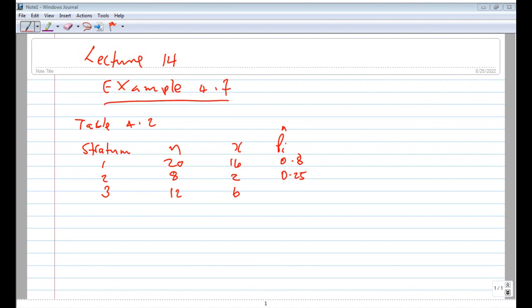For those who were not there, the estimated population proportion for stratum number 3 is 0.5. Those are the information that we want to use.